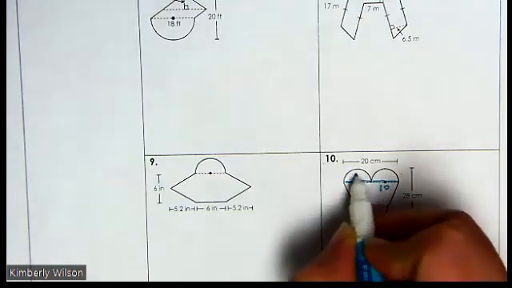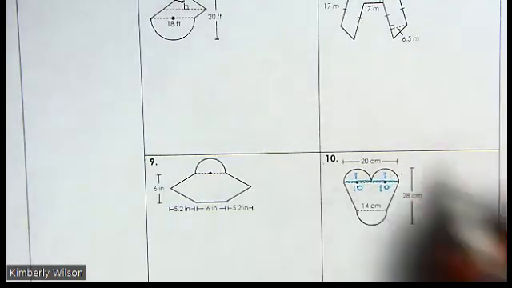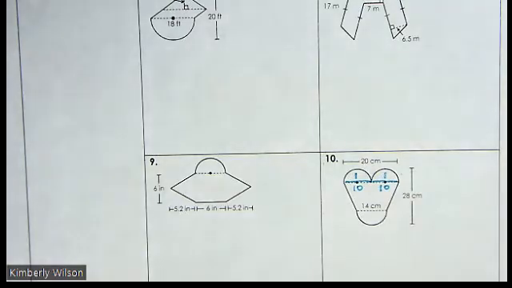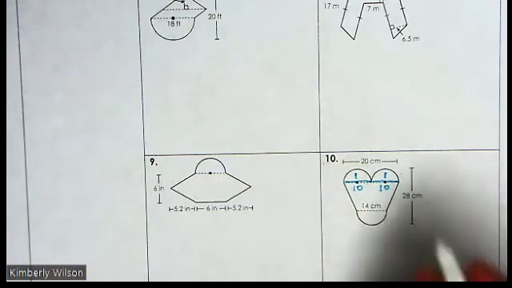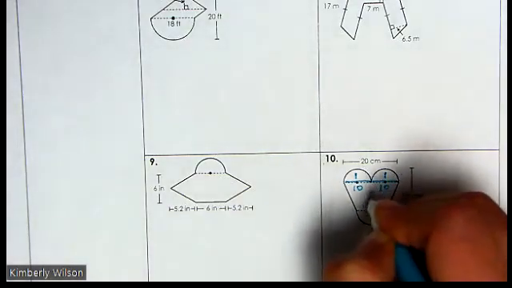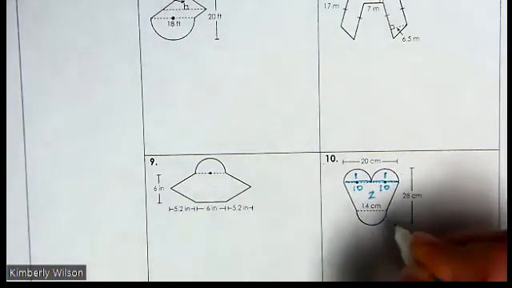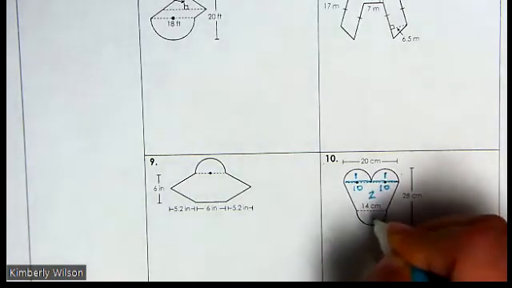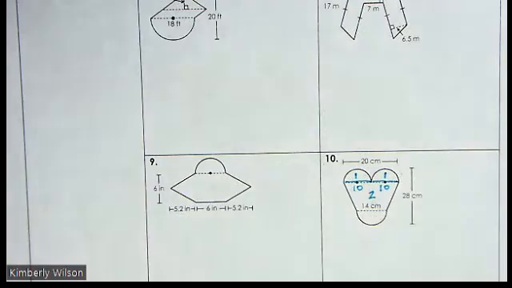Since these two are the same, together they make one circle. Those would make figure 1, which is a circle. Then we have the trapezoid, which is figure 2. Then I have a semicircle, which is figure 3.